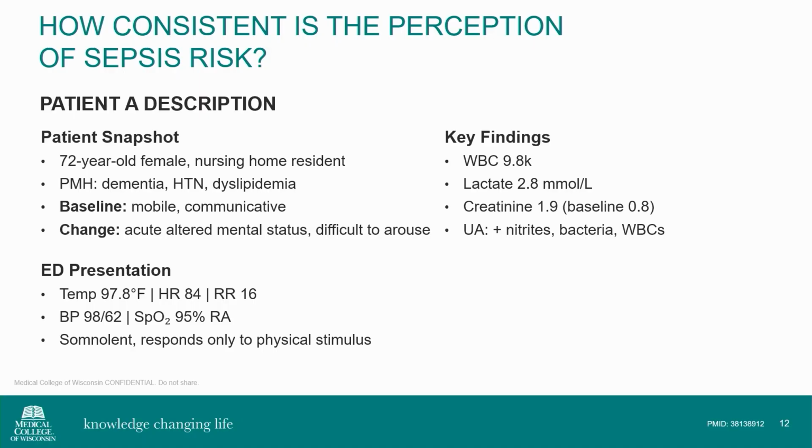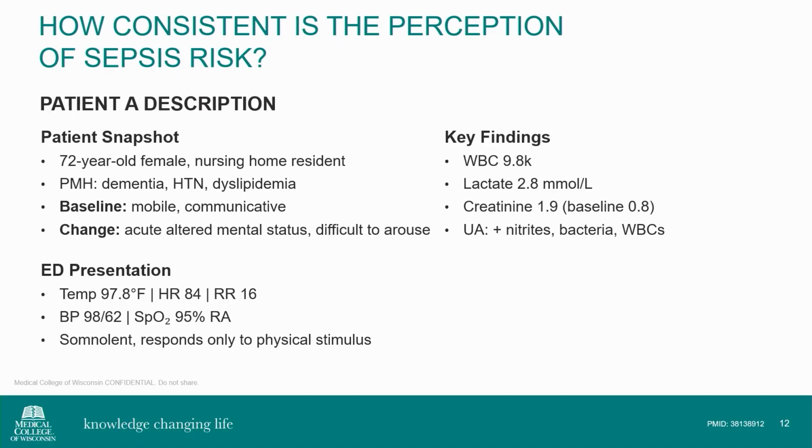She's sent by the nursing home to the emergency room, and when she presents to the ED, she has a temperature of 97.8, her heart rate is 84, and her respiratory rate is 16. Her blood pressure is 98/62, so a little low, and her oxygen saturation is 95% on room air. Again, in the emergency room she presents as somnolent, responding only to physical stimulus.